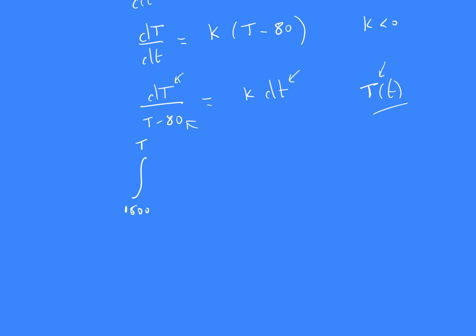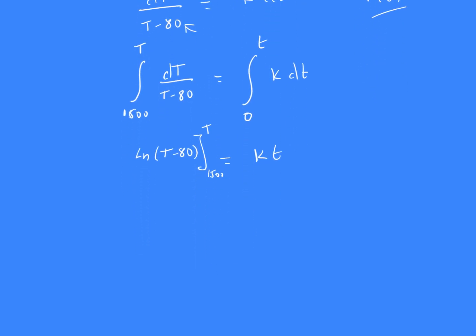T is the final temperature, dT divided by T minus 80, equal to the integral from the initial time, which is 0, to the final time, t, of k dt. So on the left side of the equation I will have the natural log of T minus 80 evaluated between 1500, when t is 0, and T, when it's time t.